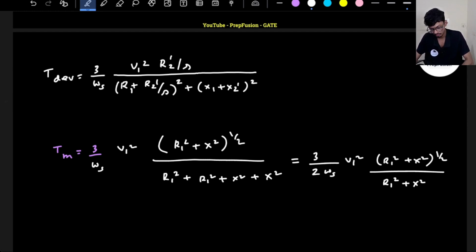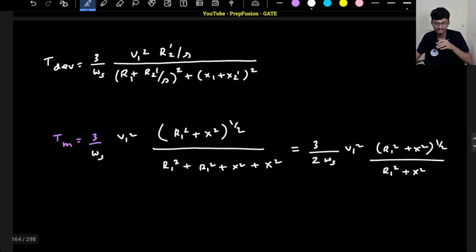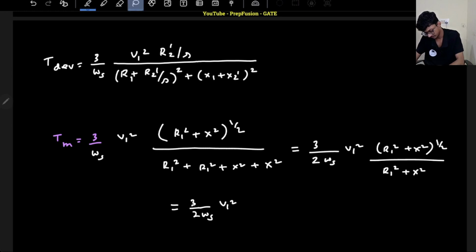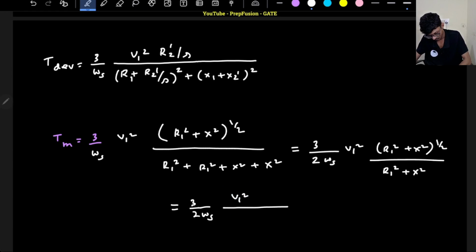Okay, so now I can just divide these things, right? I can simply divide these things. So this will be basically 3 by 2 omega s v1 whole square divided by r1 whole square plus x whole square whole under root.